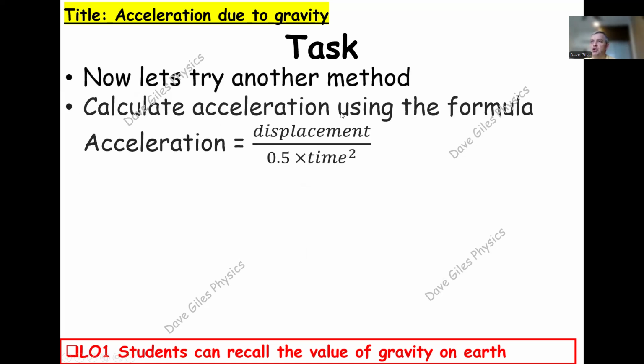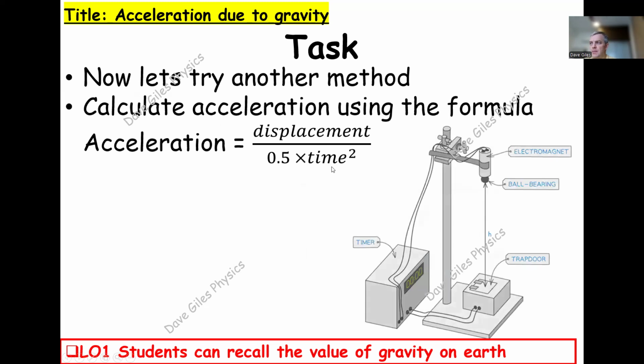Now, this is a much better method, using something like this. It's a piece of equipment with an electromagnet, attached to a timer where the on-off button for the timer also turns off the electromagnet. The ball bearing is obviously made of metal, so it's magnetized to it.